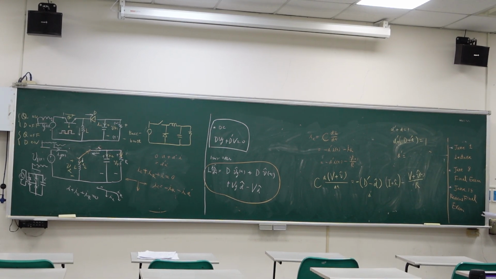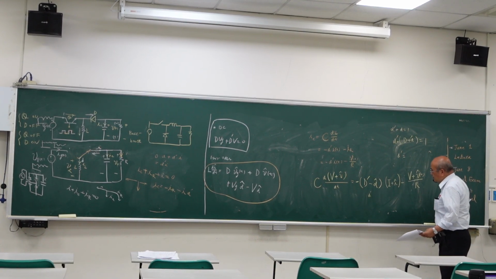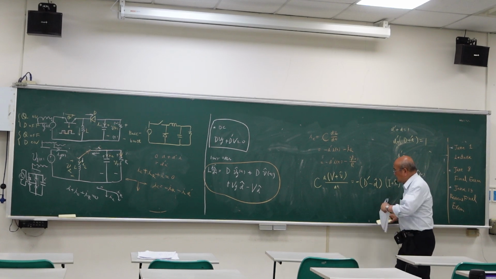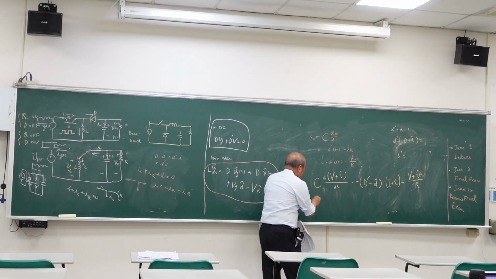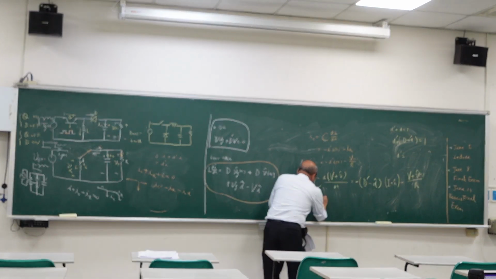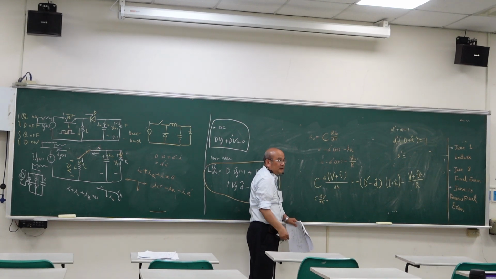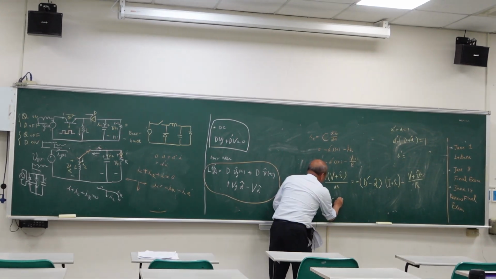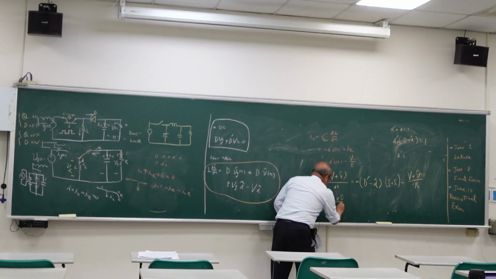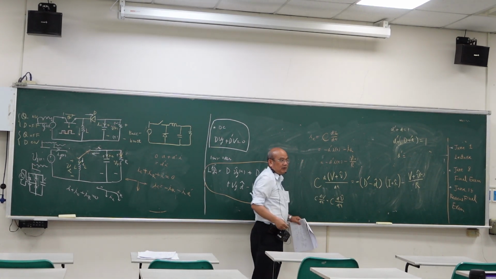And write down this way. And again, we can see in the left side how many items? 2 items. C dV/dt, first item, right? How about the second item? C d V hat/dt, right?